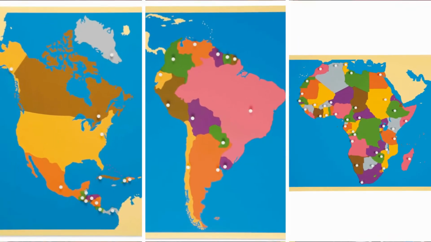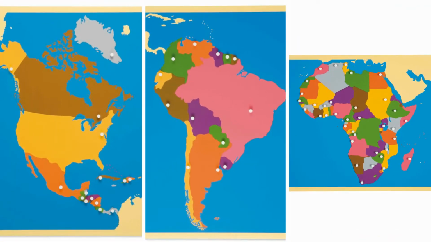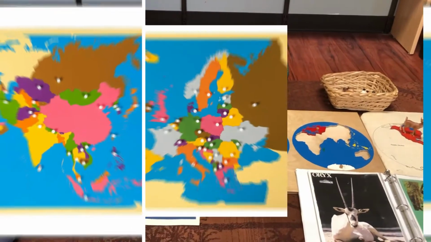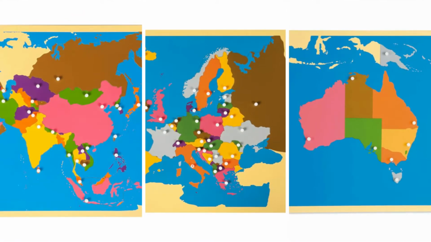The other maps in the classroom are all of the continents. We have Australia, Europe, Asia, South America, North America.